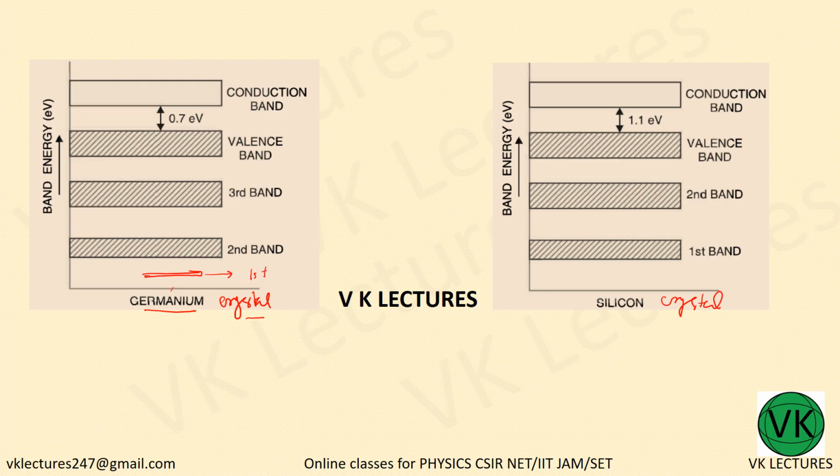First band, second band, third band, and the fourth one: first will contain 2, then 8, this is 8, and here you have 4 electrons. This valence band consisting of 4 electrons means this band is constituted by the energy of 4 electrons.